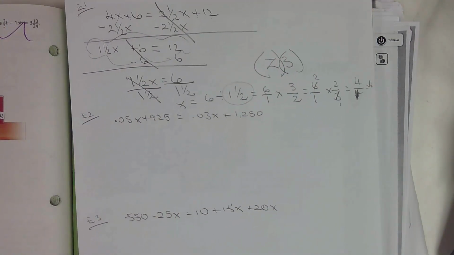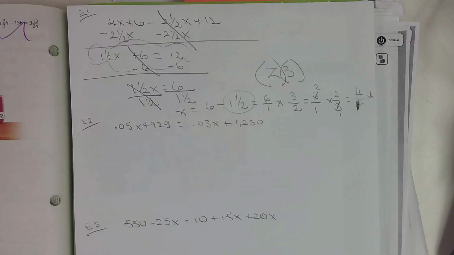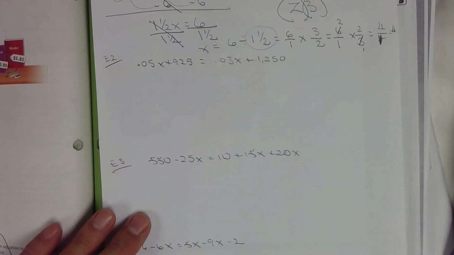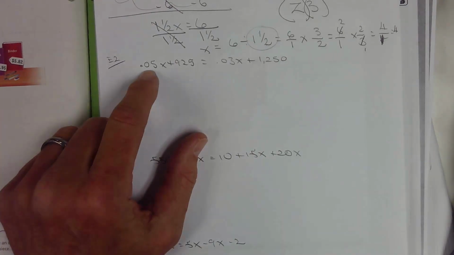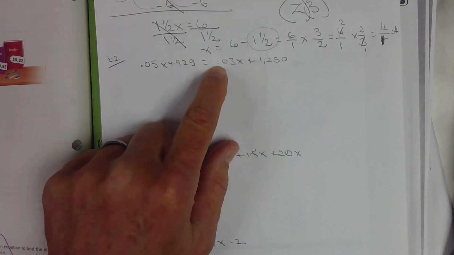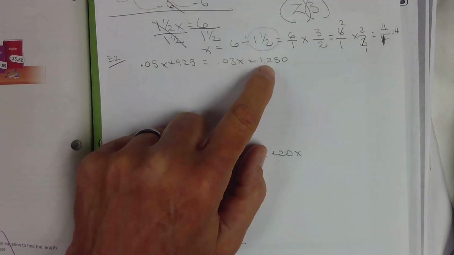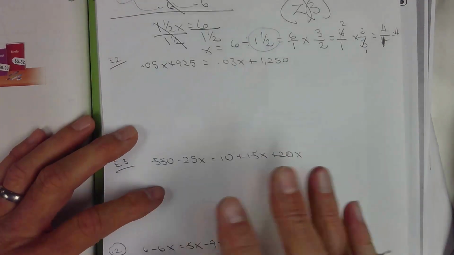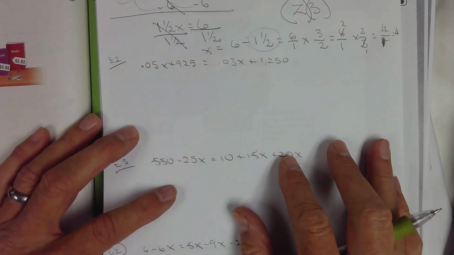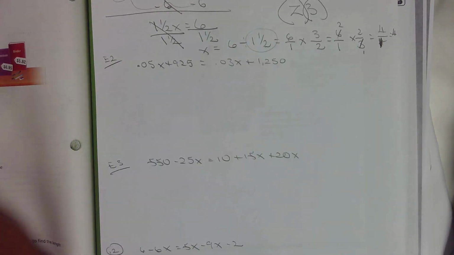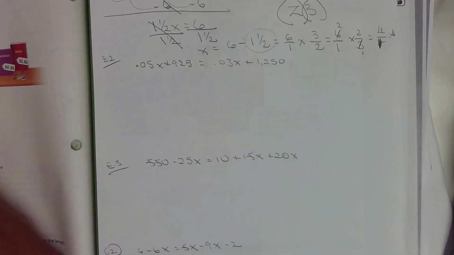All right. So some of the problems will just involve fractions. Some of them might involve decimals. So here we have 0.05x plus 925 equals 0.03x plus 1,250. I want to get x by itself. So when possible, and it's not always possible, you always want to keep the variables positive.